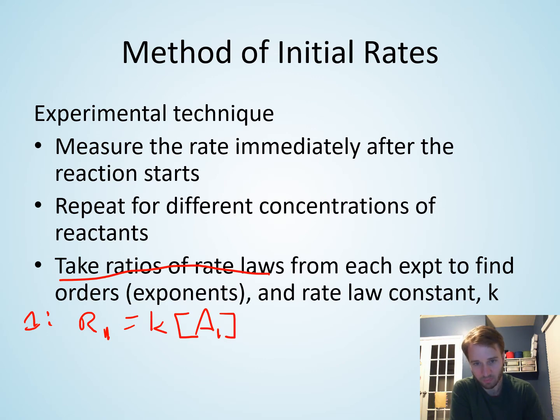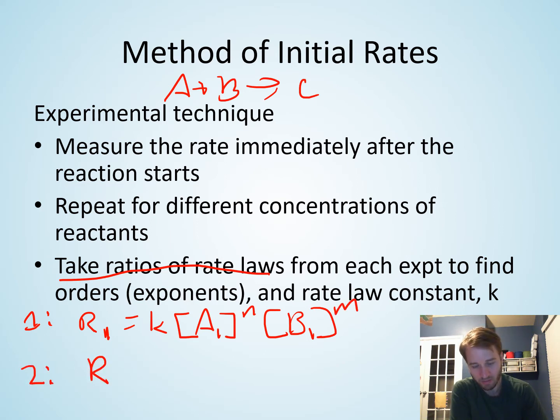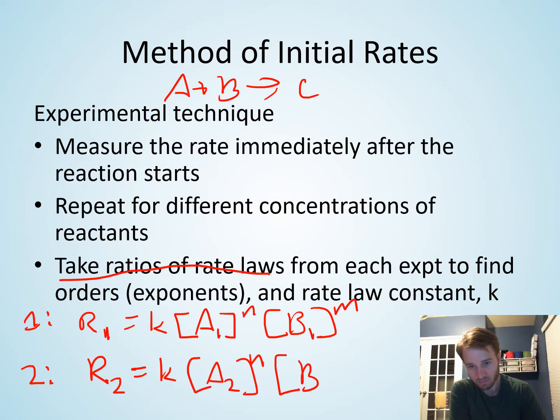Let's say my reaction is A plus B going to C. For experiment 2, I have rate R2 that I measured in lab, which equals the rate constant times A2 to the n power, times B2 to the m power. So A1, B1 are the concentrations of A and B in experiment 1, and A2, B2 are the concentrations of A and B in experiment 2.